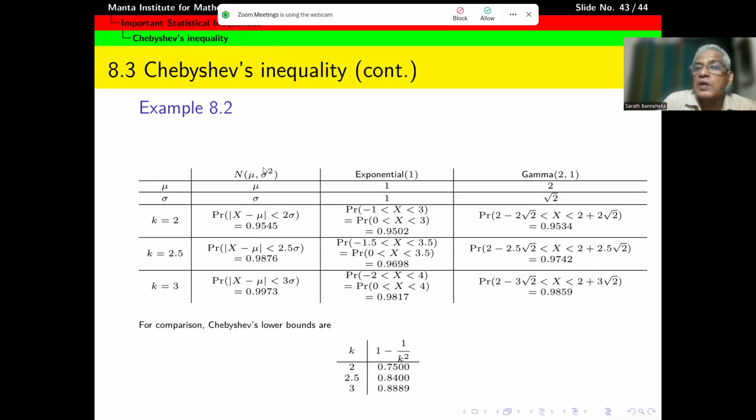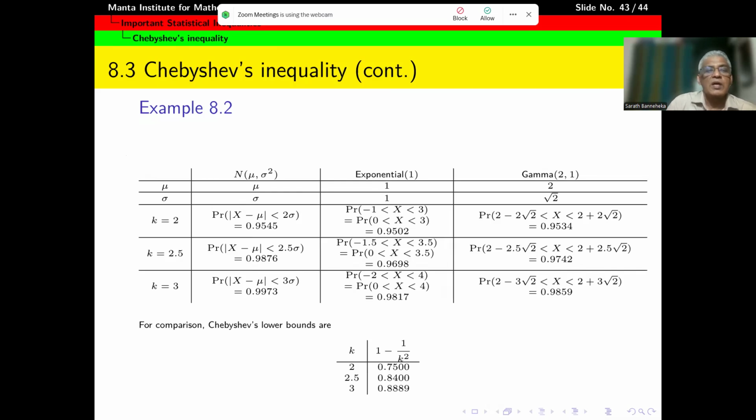So let us now apply this Chebyshev inequality for some particular distributions and actually show that the inequality is true, and actually it's a very conservative inequality, right? So for example, let us consider a normal distribution with some mean and some variance. In this case, it doesn't matter what the actual value of mu and sigma is.